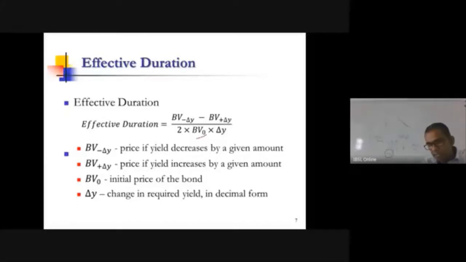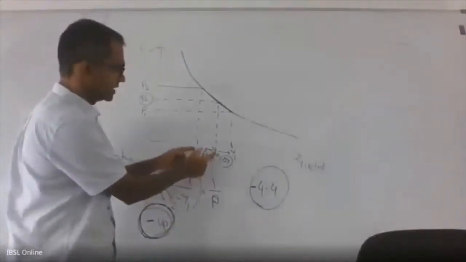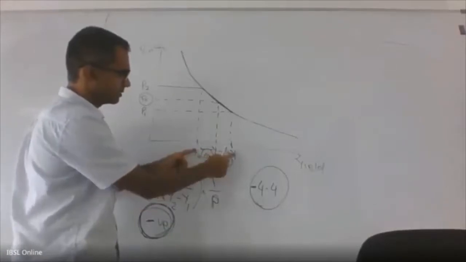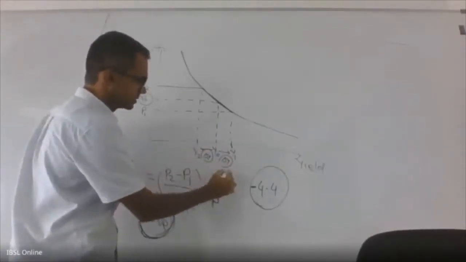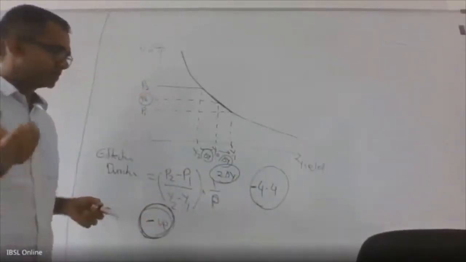Divide by BV naught, the initial price, and this 2 into delta Y comes. This is the difference. You can see this change is delta Y, this change is delta Y. The difference between Y2 and Y1 is 2 times delta Y. That is the part given in that equation.